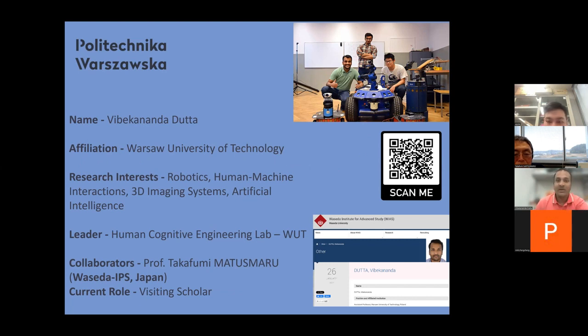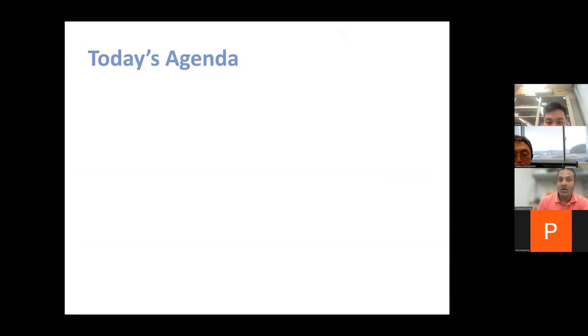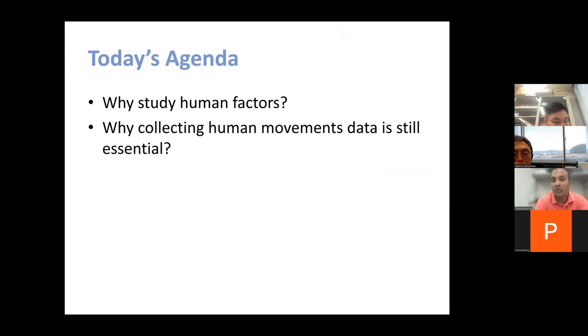In the initial presentation, I was discussing the importance of human factor study, why we should study human factors. The idea of studying human factors or human movements started early with the intention to support humans in the medical field, for example rehabilitation and gait analysis. Then it moved towards surveillance, to observe human behavior.